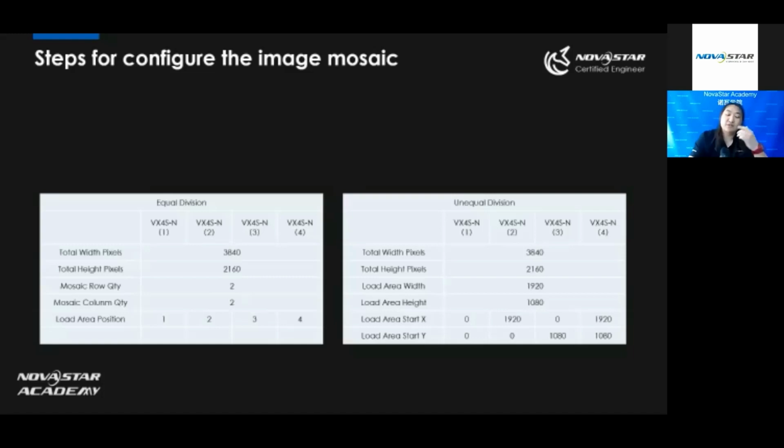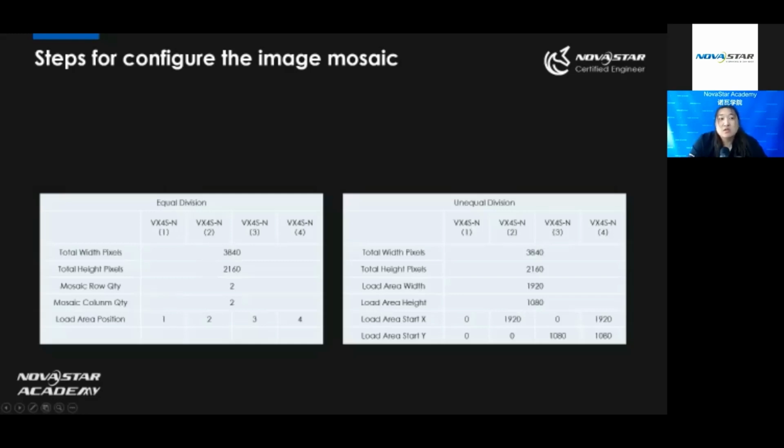So what we have to do on the hardware front panel is tell the device the total width pixels is 3840 and the total height pixels is 2160. The mosaic row quantity will be 2 and the mosaic column quantity will be 2 as well.